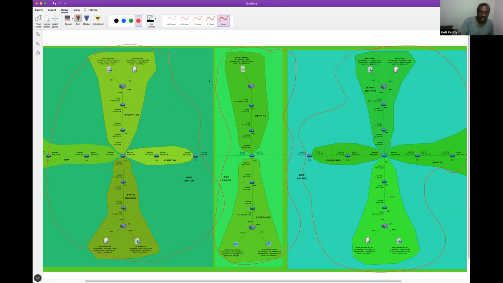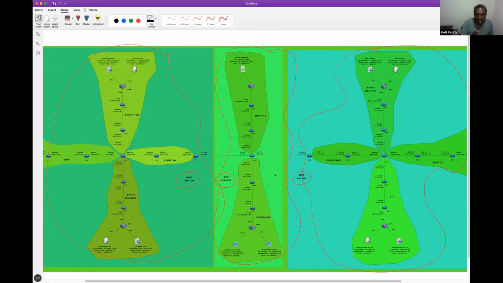Now the network of the ISP is identified by a number called an autonomous system. So ISP1 network is identified by AS100, ISP2 by AS200, ISP3 by AS300.